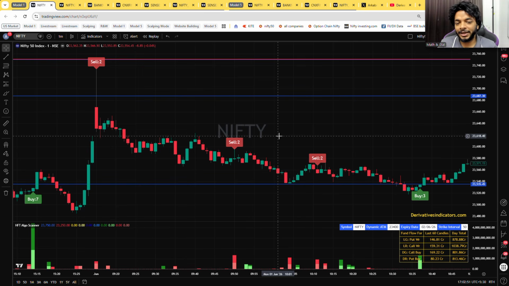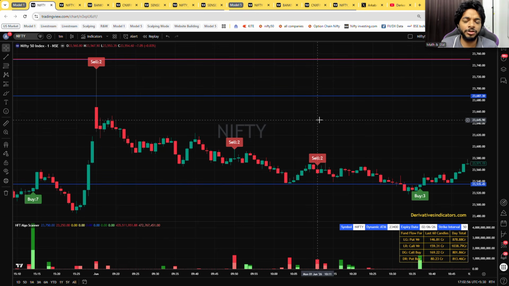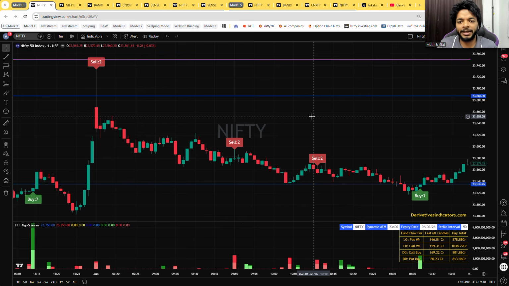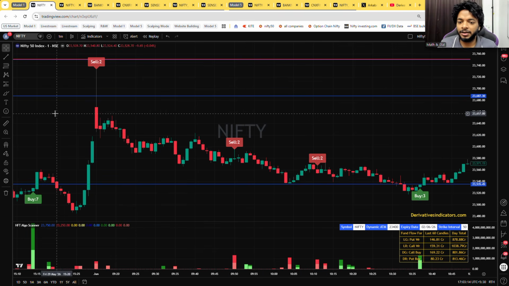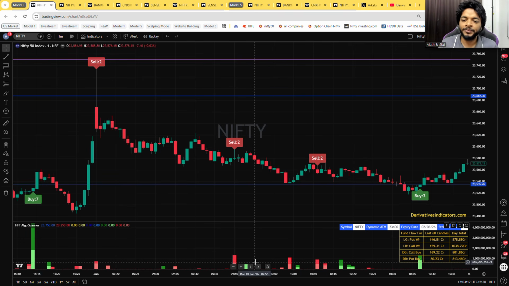These might not be the exact figures, as no big institution is coming and telling me that we have taken such positions and they are worth this. Whatever data we have in real time, we are trying to analyze it with our model, and we are publishing this data in real time on the tradingview.com platform with the help of our indicator, HFT algo scanner.